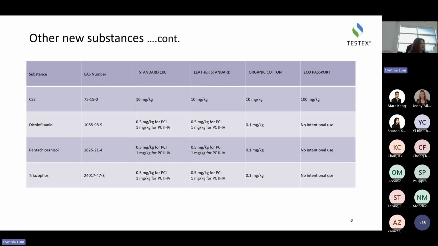Once these tests are added on, they will be done in the lab, and then as usual, they will be added on to the test report under the respective categories, for example, other chemical residues or under pesticides.